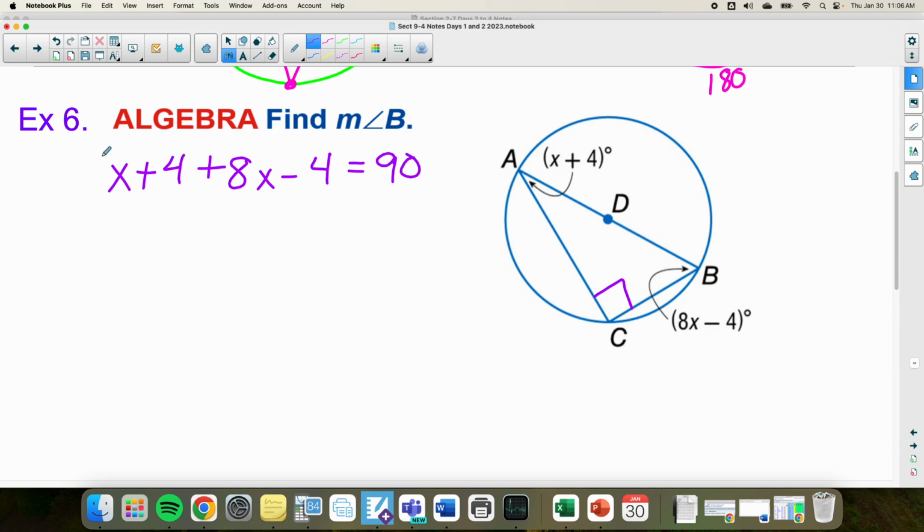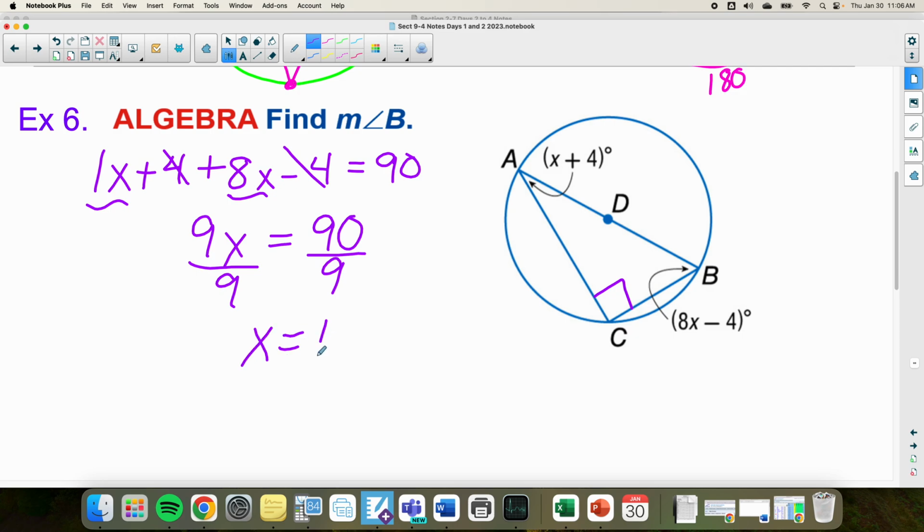Now what I'm gonna do, I'm gonna add the two x's together and get 9x. My 4 and my minus 4 cross out, and that equals 90. Then I'm gonna divide by 9, and x is 10. Now, that is not the answer they want.